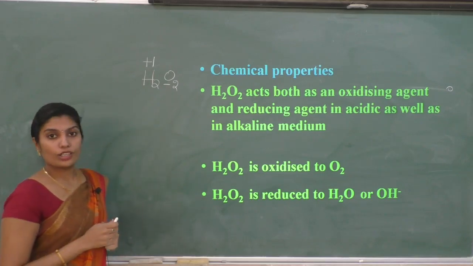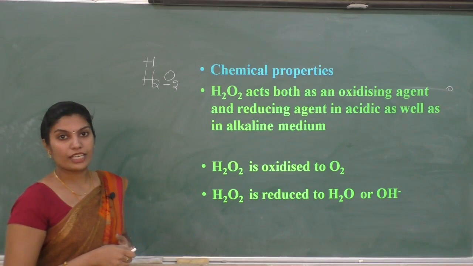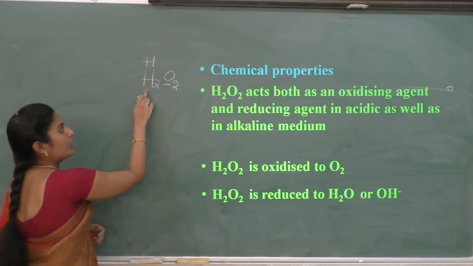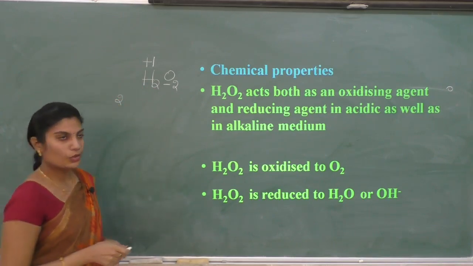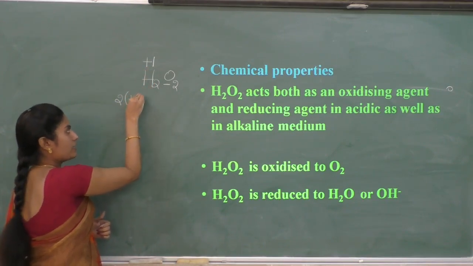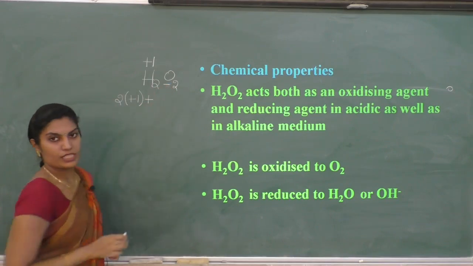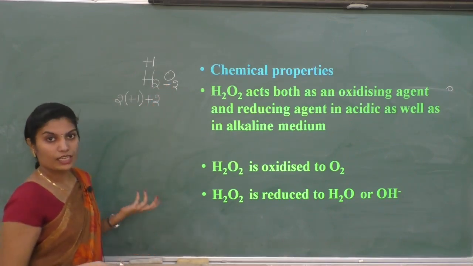Here, if you want to calculate the oxidation state of the oxygen, how can we calculate it? The number of hydrogen atoms present in H2O2 is 2, and the oxidation state of hydrogen is +1, plus the number of oxygen atoms is 2 and its oxidation state is unknown.